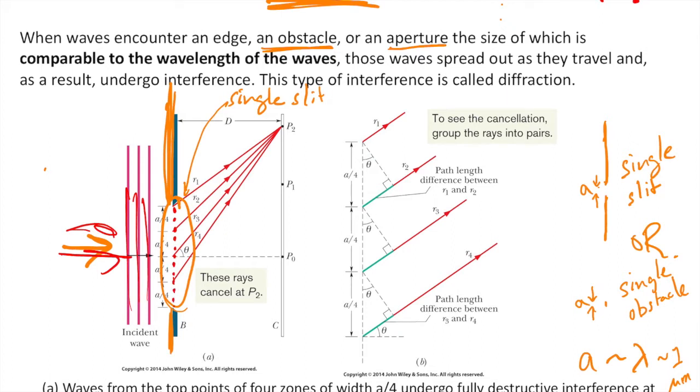This image from the textbook is just breaking it into 4 dots, just to keep it simplified, but you can imagine it's a lot of dots. Once we've broken it into dots, we can picture it like the double slit or a multiple slit, and then we can look at this interference. I decided not to derive it for the double slit, and I'm not going to derive the single slit either.